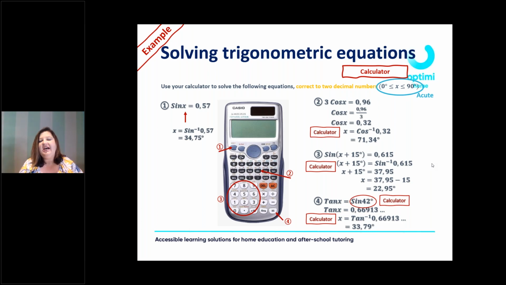During the equation, we recommend that you round off as little as possible. So if it is a very long decimal number, take the first 5 or 6 and work with that until you get to the end. But your final answer, you can always round off in reference to what the paper states. So usually the mathematics paper says to 2 decimal places. So your final answer can definitely be rounded off.